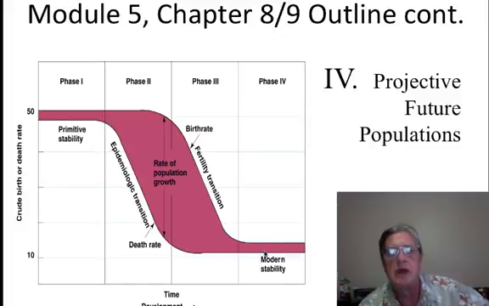Therefore the population increase is relatively small. Where the problem comes is in the transition between the birth rate lowering and the death rate lowering, because the death rates typically decline much sooner than the birth rates do. And because population growth is a function of the difference between the death rate and the birth rate, it's during this transition, phase two and phase three, that you have these huge population increases.